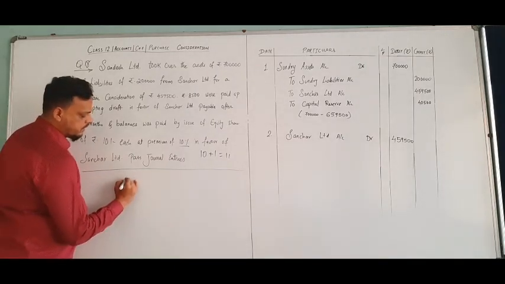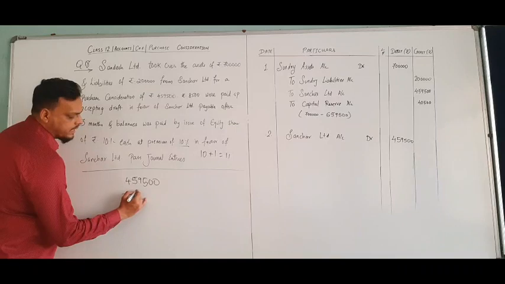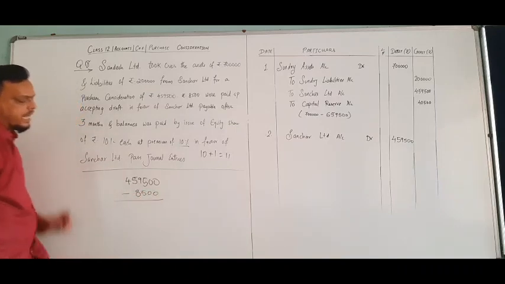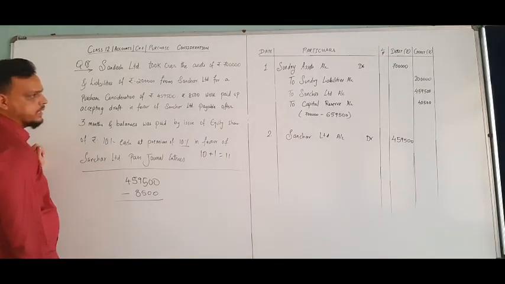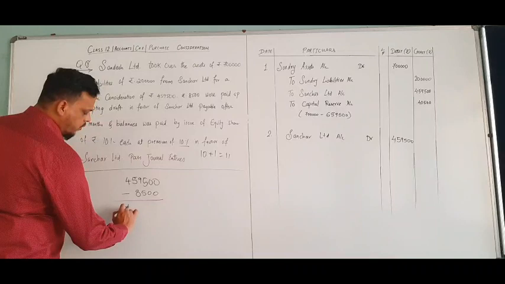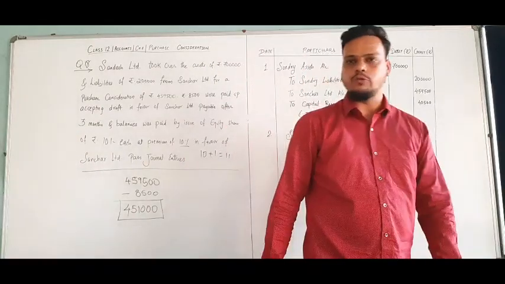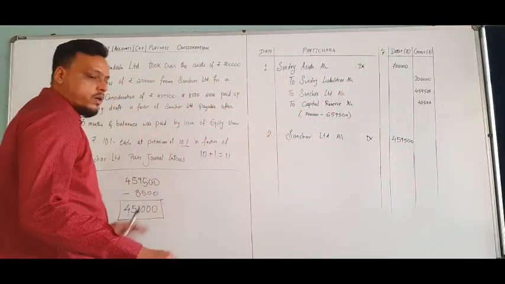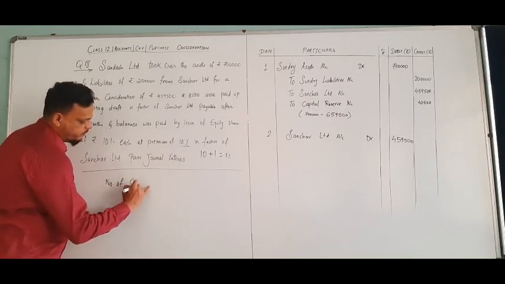First, do the total calculation: 4,59,500. Out of that, 8,500 rupees has been paid by bank draft. If we calculate this, the amount will be 4,51,000. This much amount has to be there as the purchase consideration. Now you have to find the number of equity shares.